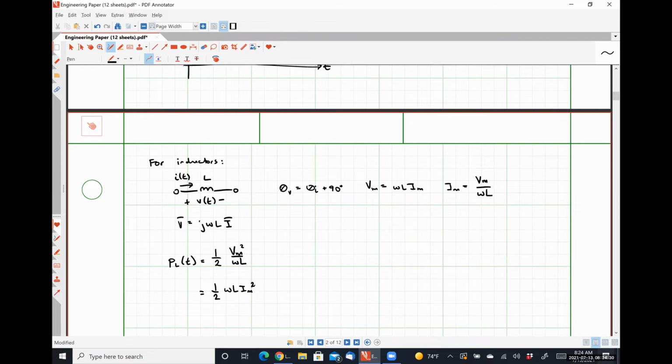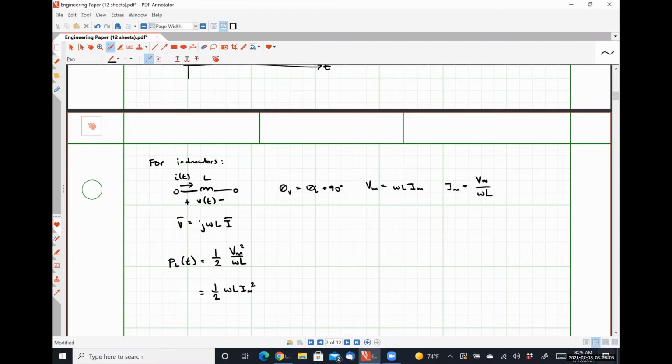Because theta I plus 90 degrees minus theta I gives us cosine of positive 90 degrees. So what's the cosine of positive 90 degrees? 0. So that means that our DC term all washes out to 0.